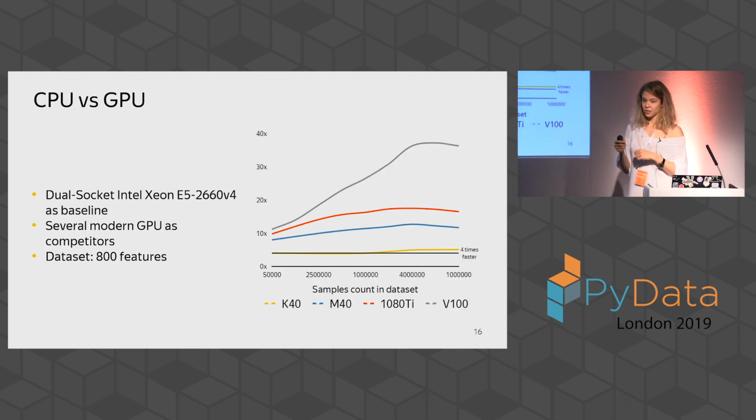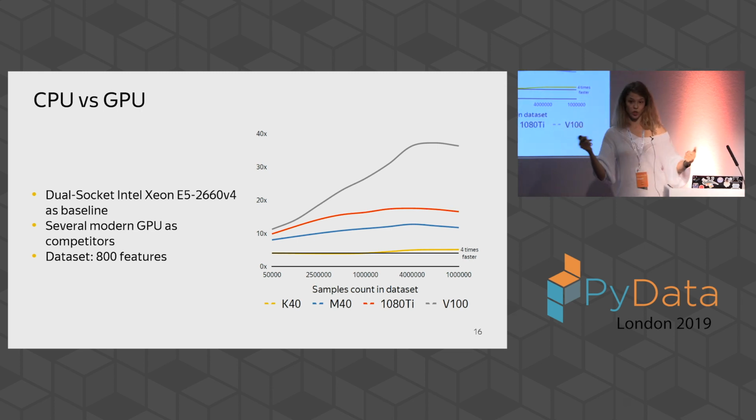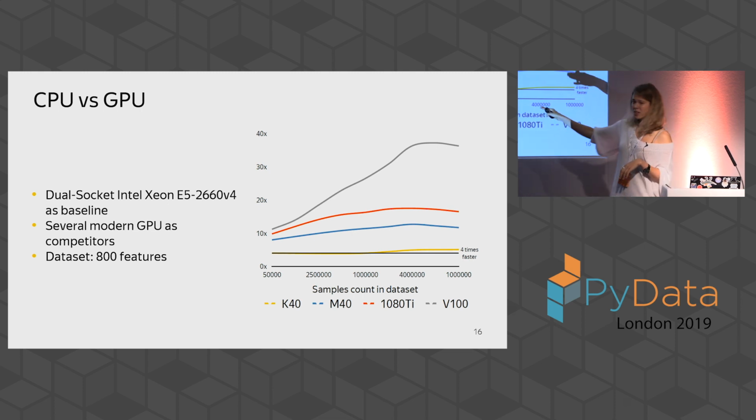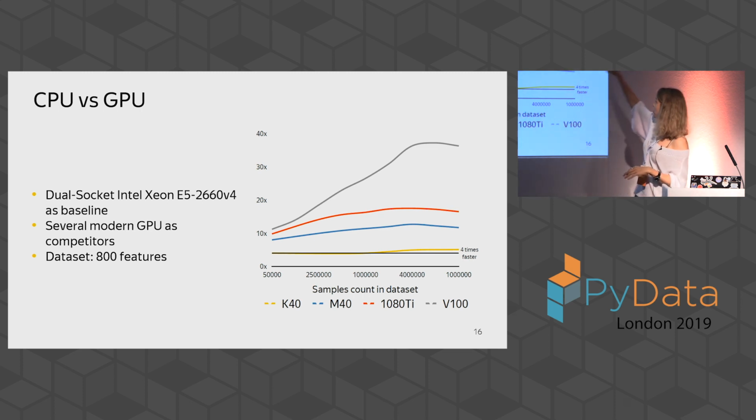OK, here is another useful slide that you should remember. And that is about GPU training. The more data you have, the more speed up you will get from GPUs. If you have a very small data set, there will be no speed up from GPU. But the larger the data set, the more the speed up. That is the speed up.